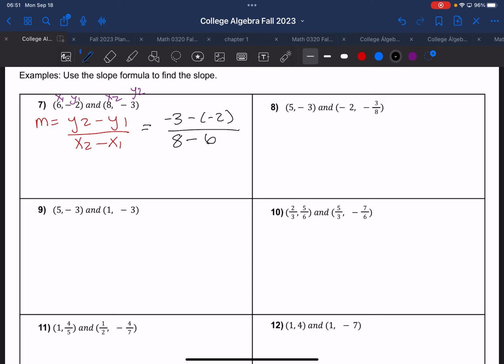So this is me setting up my slope in the formula. We know that minus a negative is the same as saying plus a positive. So I have negative 3 plus 2, which is negative 1, and 8 minus 6, which is 2, meaning my slope is negative 1/2.